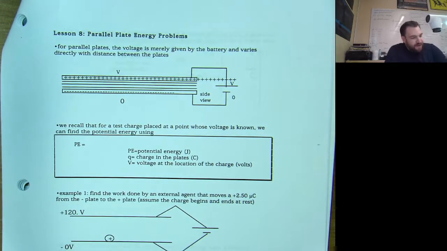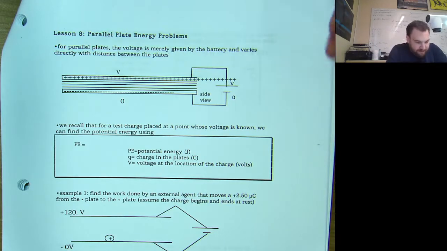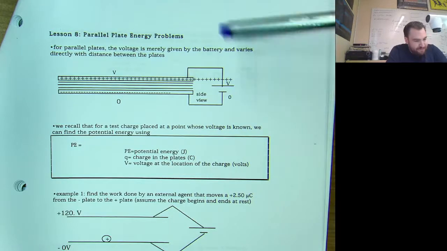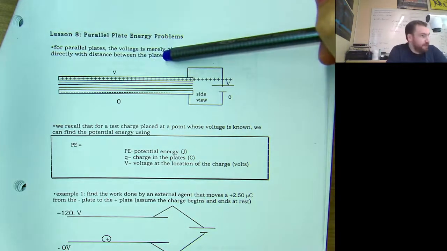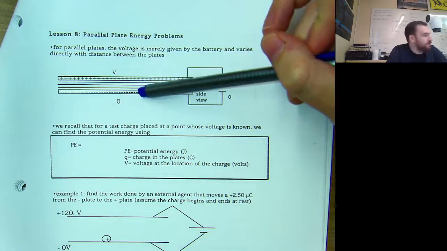So, for parallel plates, the voltage is given by the battery or whatever power supply is present, and it varies directly with the distance between the plates. We've established this yesterday. Because the plates are very, very large, there is a uniform distribution of voltage here.